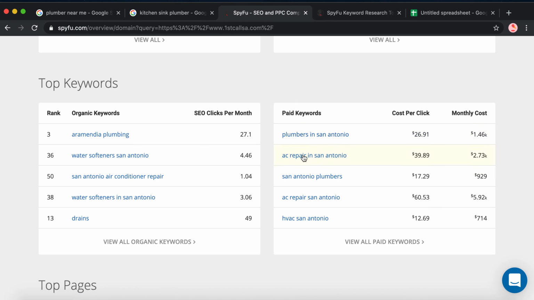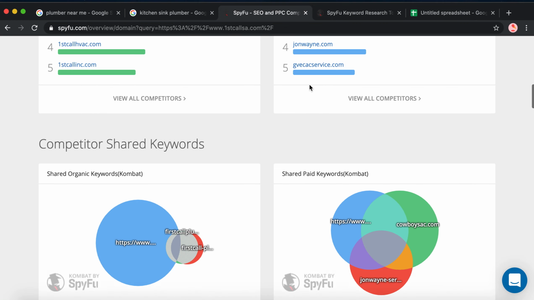So they do plumbing, they also do AC, but here we see that the main one is plumbers in San Antonio and San Antonio plumbers. So a little bit broad, right? I know we went over that example of the kitchen sink, but this tells you, hey, maybe people are mainly just searching for this, not being too specific, and that gives you an idea.